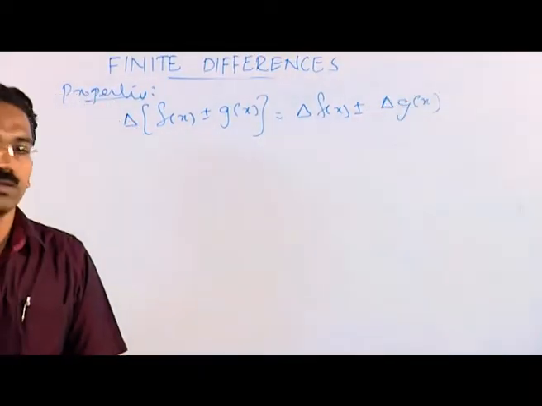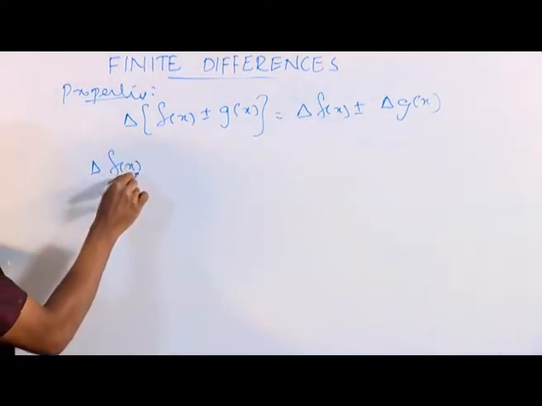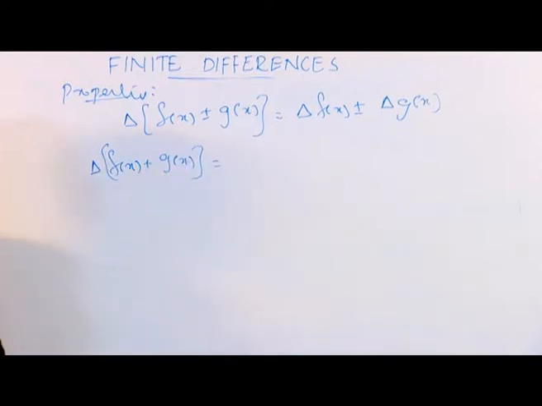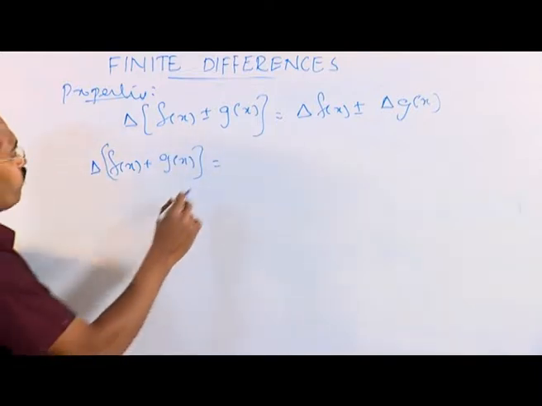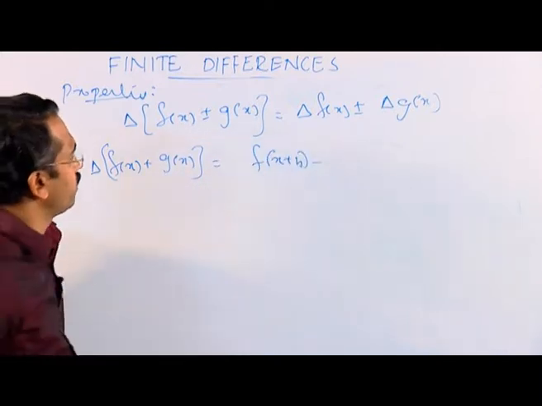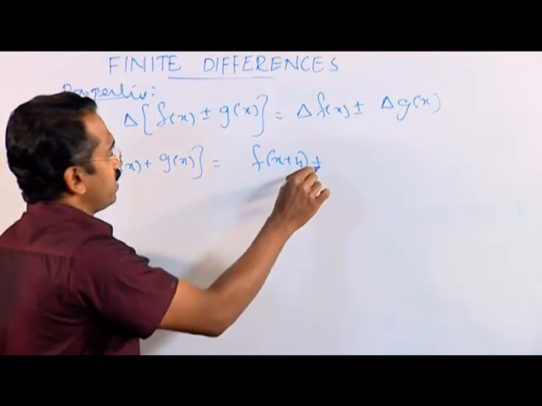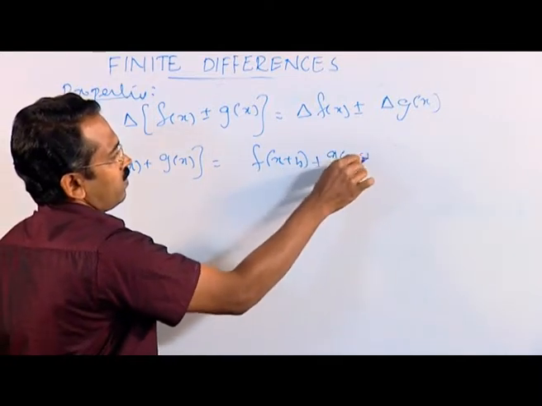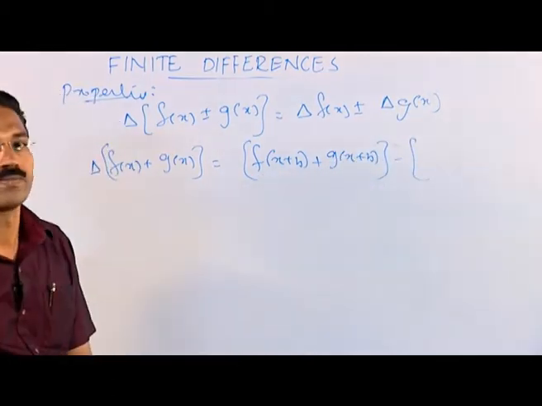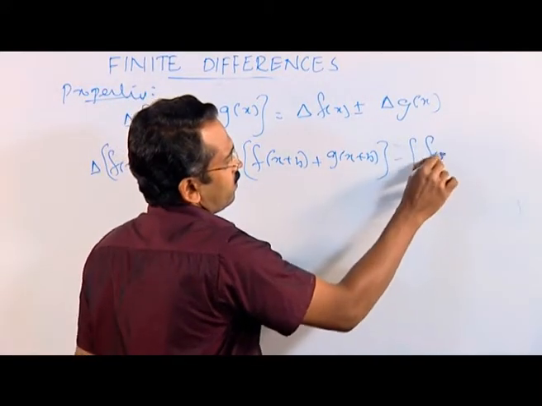Again, by definition, we can write delta of f of x plus g of x, the left hand side, equal to f of x plus h plus g of x plus h minus f of x plus g of x.